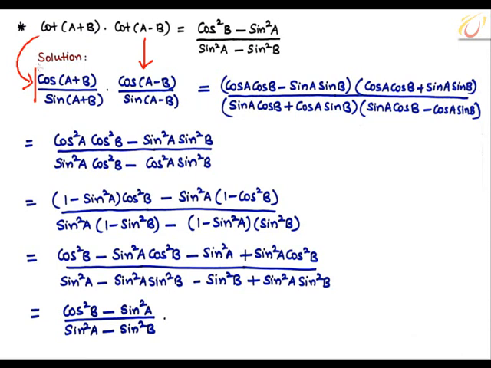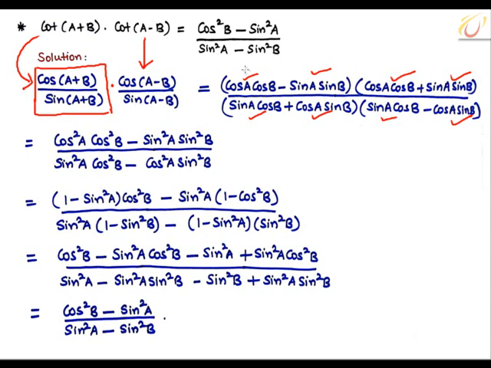So cos(A plus B) upon sin(A plus B), can I write it as (cos A cos B minus sin A sin B) upon (sin A cos B plus cos A sin B)? There is a multiplication in between. Cos(A minus B) will be written as cos A cos B plus sin A sin B. Sin(A minus B) will be written as sin A cos B minus cos A sin B, and everything is multiplied. So you can directly multiply numerator with numerator, denominator with denominator.